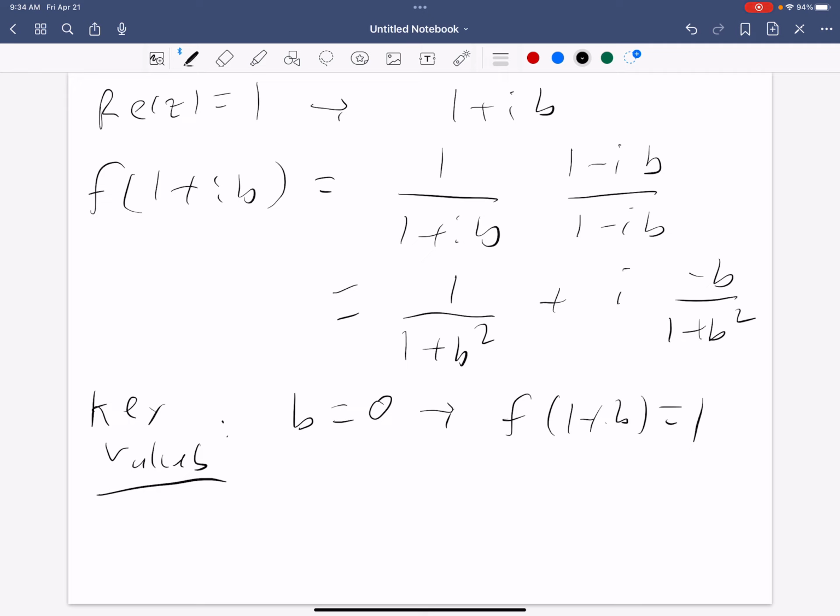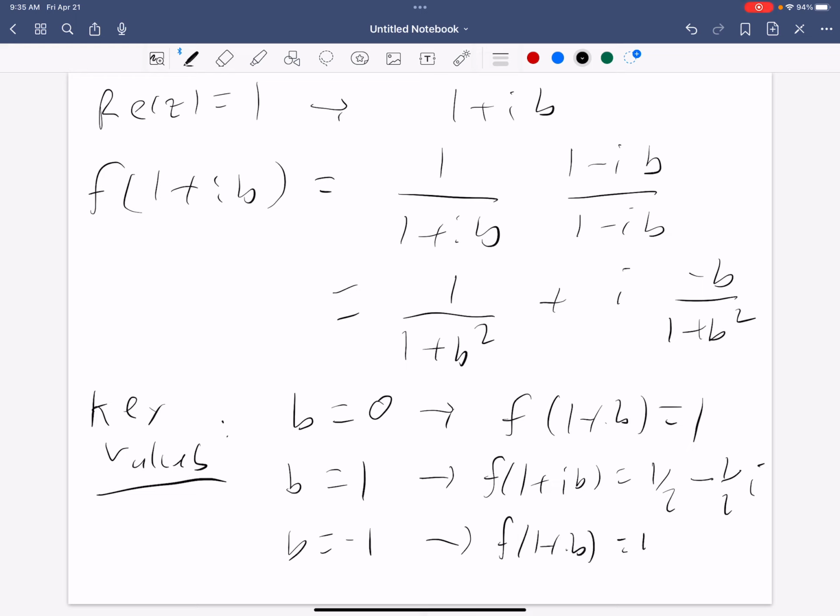Now let's look at two other key values of b. If b is equal to 1, and I plug that into my formula right here, I'll get f of 1 plus ib is going to be 1/2 minus 1/2 i. Likewise, if b is negative 1, I'm going to get 1/2 plus 1/2 i.